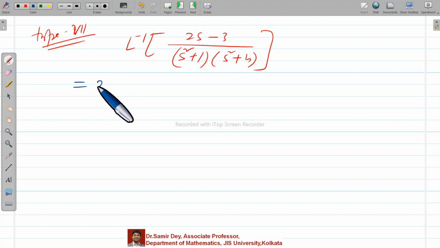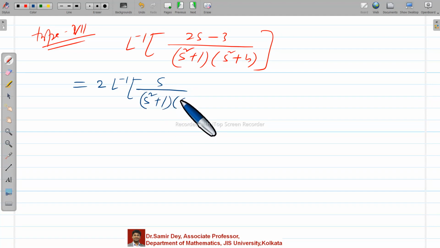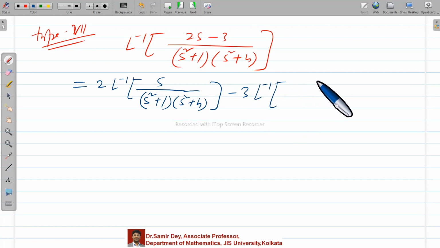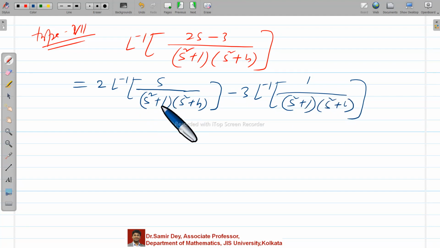These 2s you may write 2 outside, L inverse of s by s square plus 1 and s square plus 4, minus 3 will be outside, L inverse of 1 by s square plus 1, s square plus 4. I think it is type 4 and this one is type 5. Now I think you can solve it.